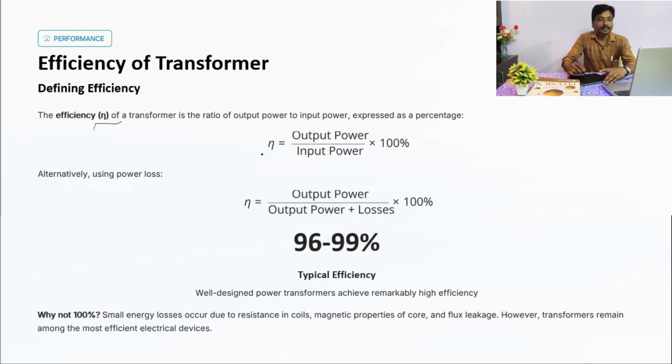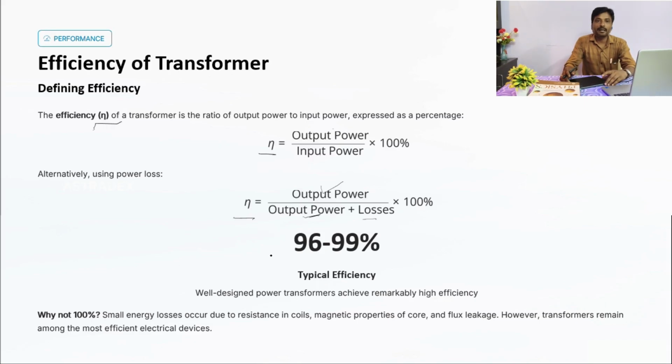So here the equation is given, eta will be equal to output power divided by input power into 100%. This equation alternatively can be written in another form, that is eta is equal to output power divided by output power plus power losses into 100%. This also will give the efficiency of the transformer.